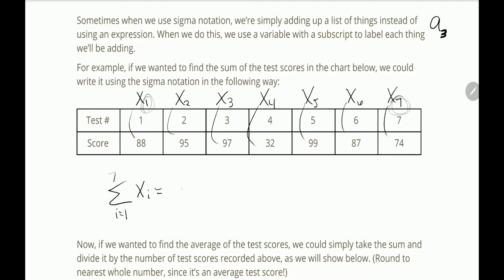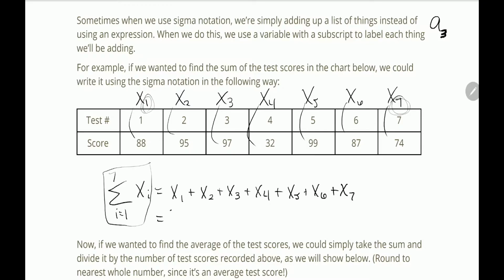And so this would be the same thing as saying x1 plus x2 plus x3 plus x4 plus x5 plus x6 plus x7. We just replace the i each time with numbers from 1 to 7. That's how it would be written out, but we would write the sigma notation this way.